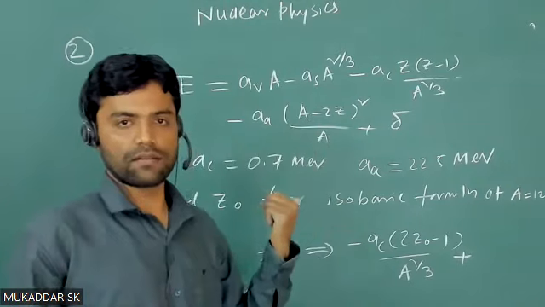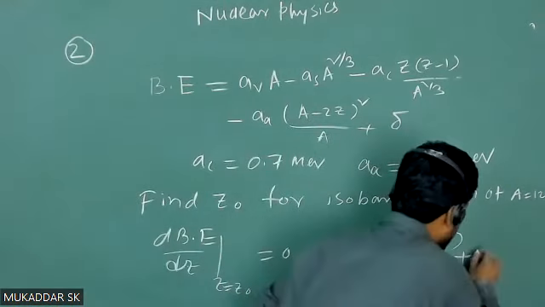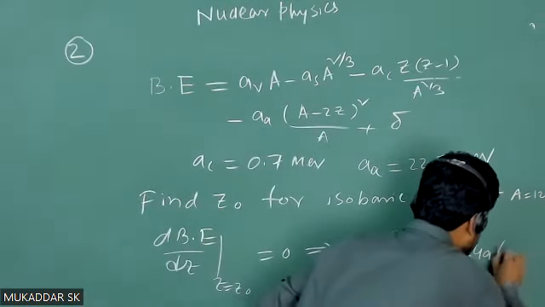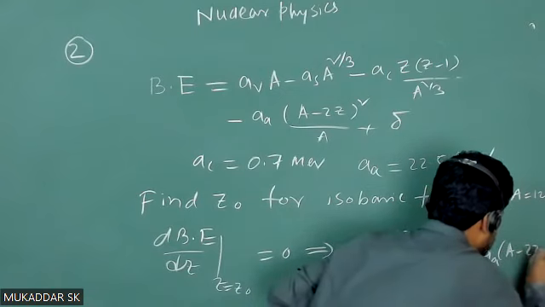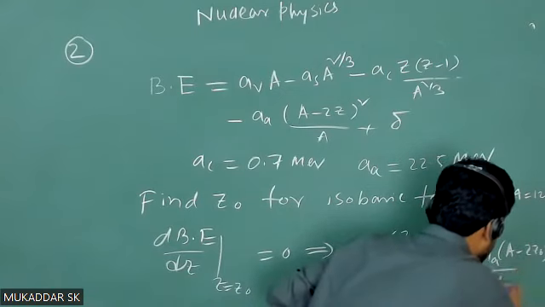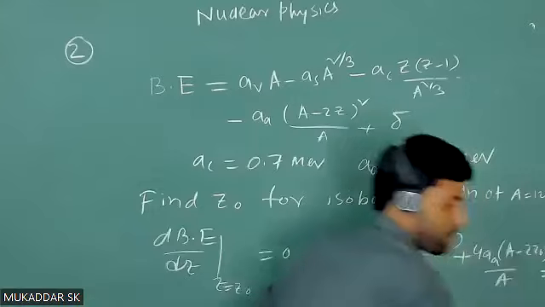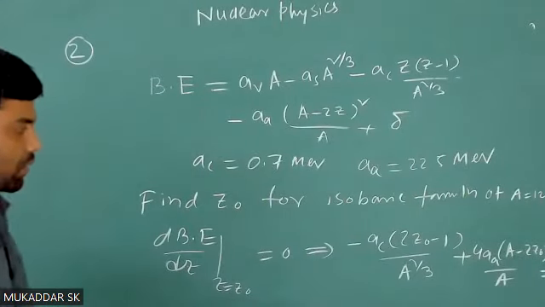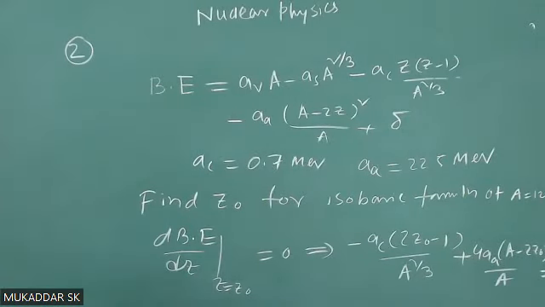It will be as it is, as we did earlier. What came there, 4A of A, then you will have A minus 2Z naught divided by A, and that will be equal to 0.